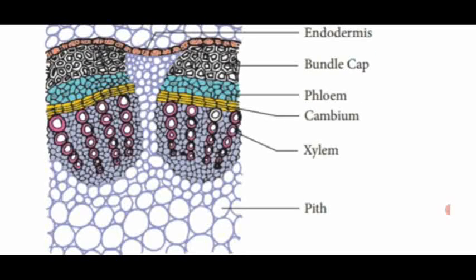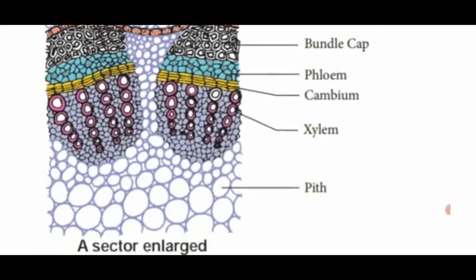Then the xylem is endarch. See, the metaxylem, larger in size, is facing the periphery. The protoxylem elements are present at the center. So, endarch xylem. Then many vascular bundles are arranged in the form of a ring-like structure.